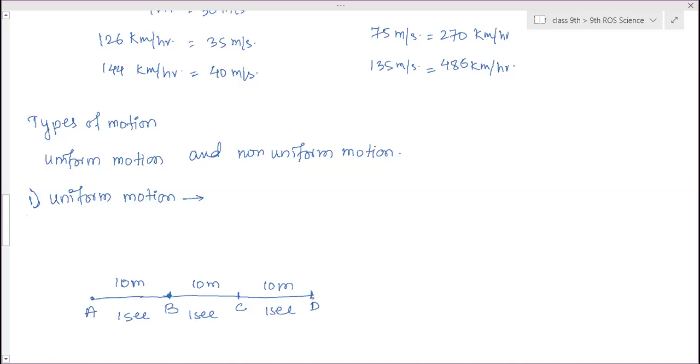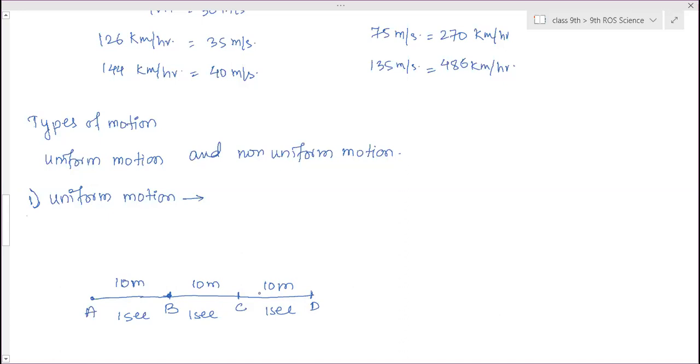If this way it is continuously going on. So any object is covering, every second, for this example, if it is covering only 10 meter distance every time, then this type of motion is uniform motion.